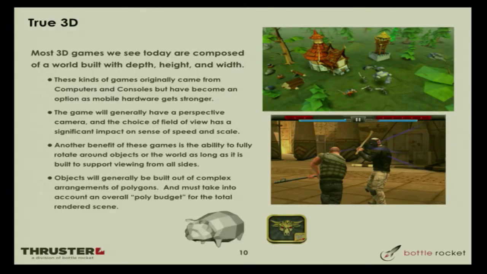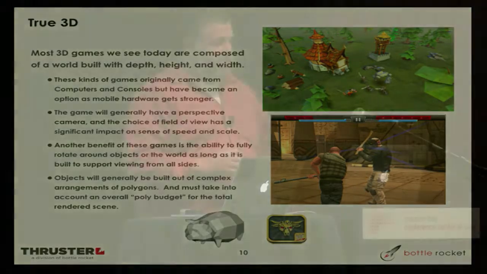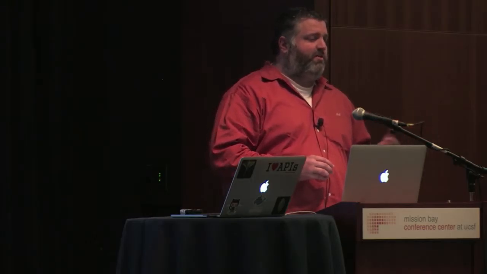These are games that originally came off of computers and consoles, but as the hardware has gotten better, we're actually capable of making some pretty impressive things on iOS. Especially once they opened up OpenGL ES 2.0 and started letting us use programmable shaders and some other things that make some really impressive looking effects, and I'll get into those in a bit.